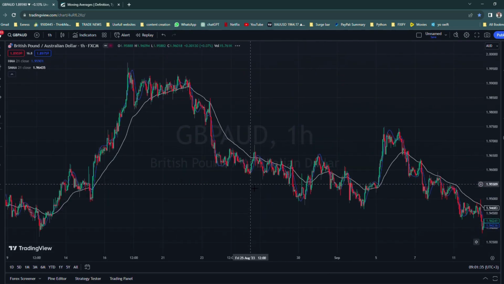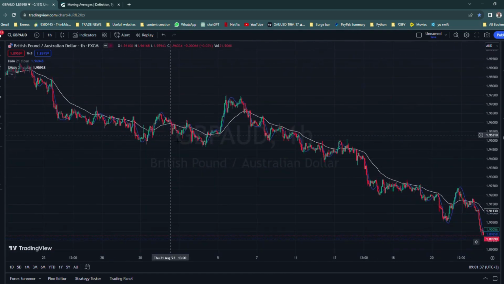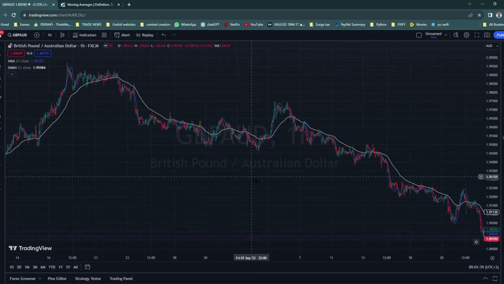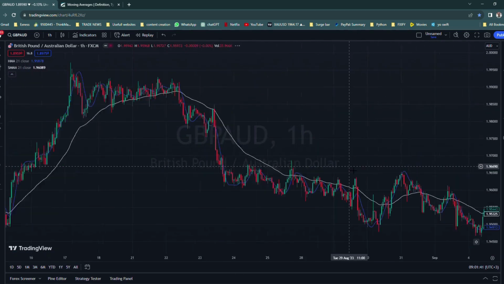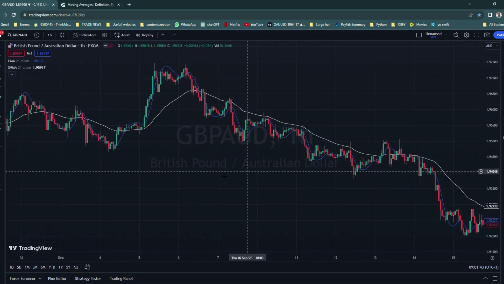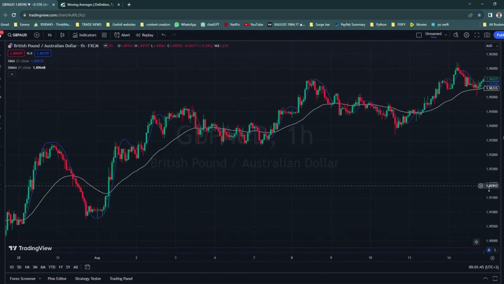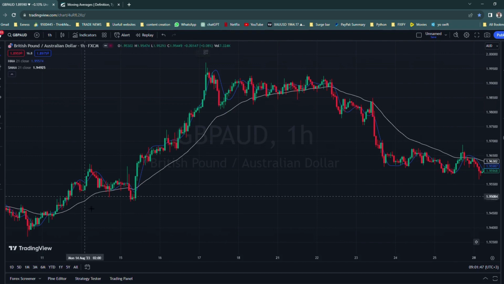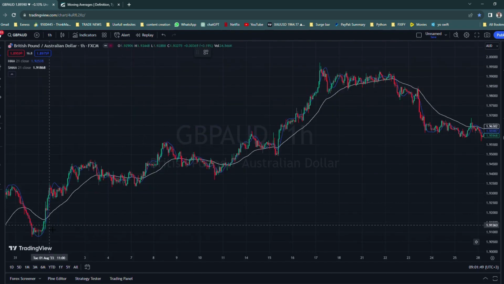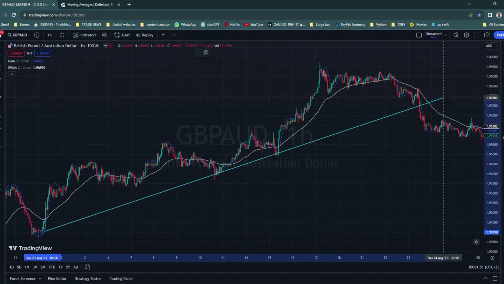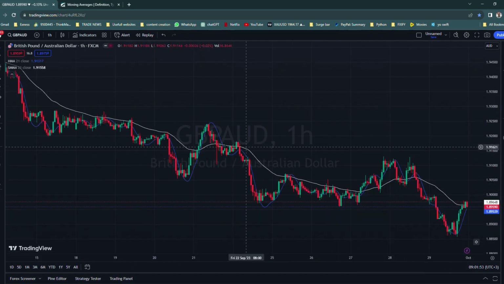Now, this is GBP AUD, the 1 hour chart. We are going to try to see how you can get entries from these two moving averages. So we have an upward trend right here that, let's say, the trend stopped around there.